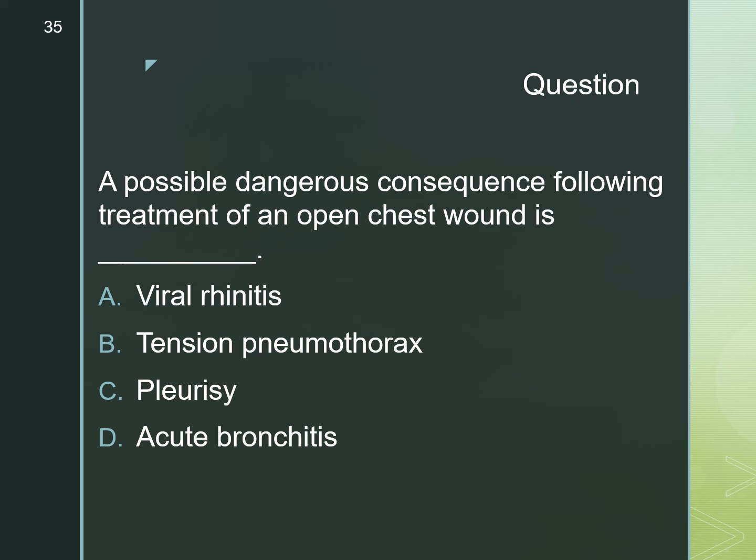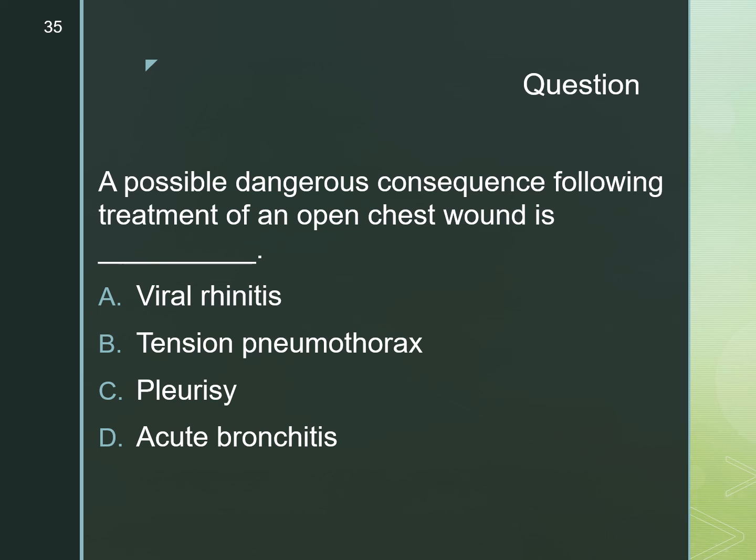A possible dangerous consequence following treatment of an open chest wound is? This is B, tension pneumothorax. Tension pneumothorax is going to be where we have the leakage of air in the chest from a pneumothorax.